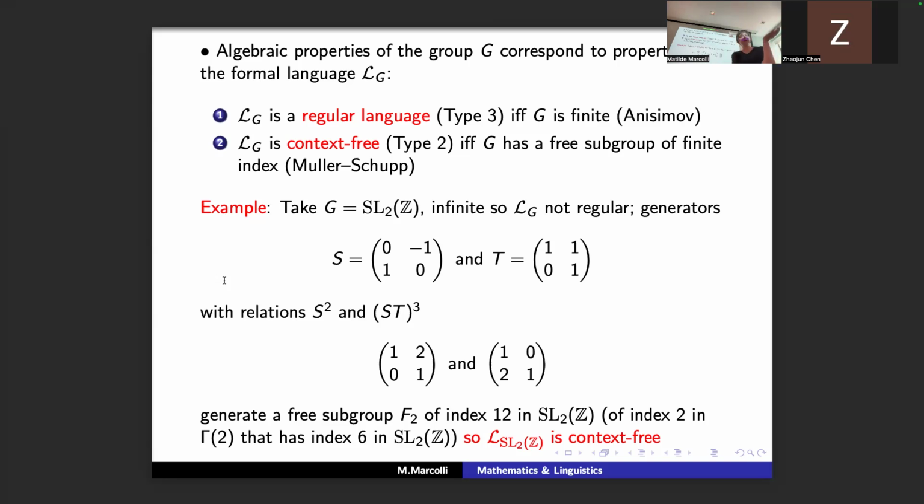And this means, for example, that if you take the group SL2Z, which is well known for having a free subgroup of index 2, then this is a context-free language. So this means that we're very far from anything that looks like human languages.